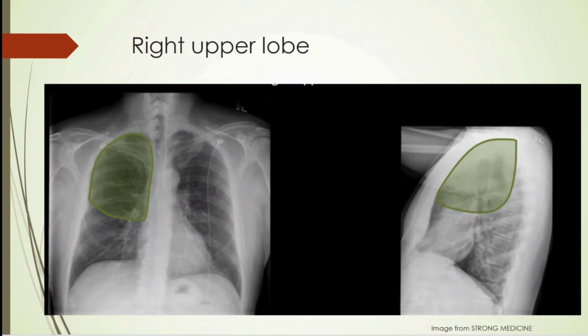You have upper, middle, lower zones, but that may not correlate with the actual lobes of the lung. And this picture you're looking at here is of a right upper lobe. And you can see on the PA film on the left, the lateral film on the right. That's where the right upper lobe lies.